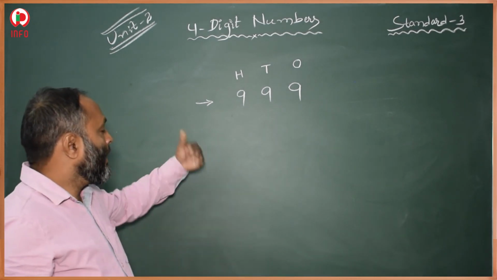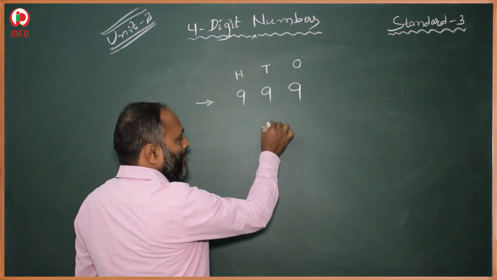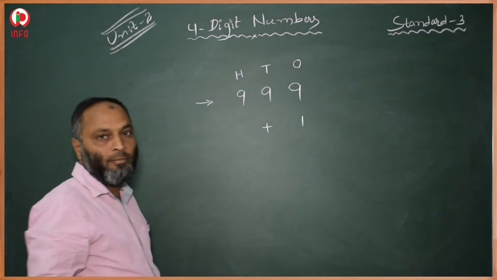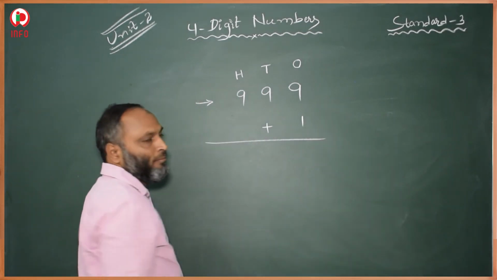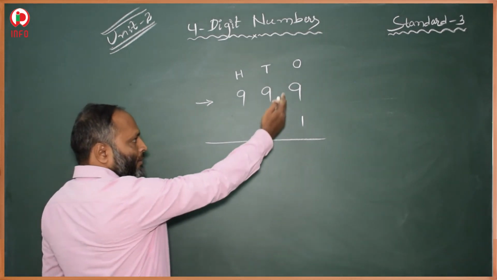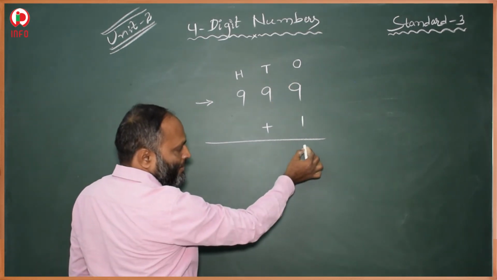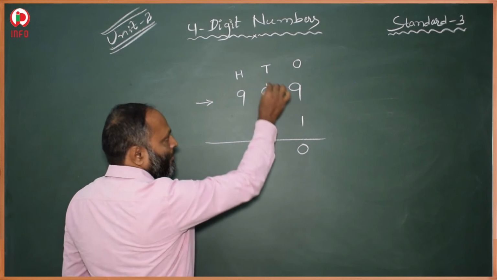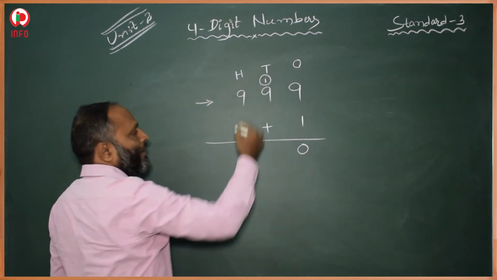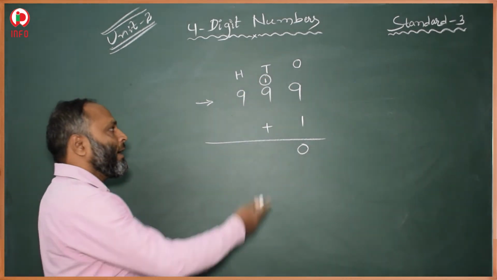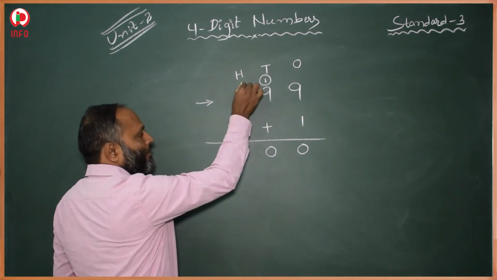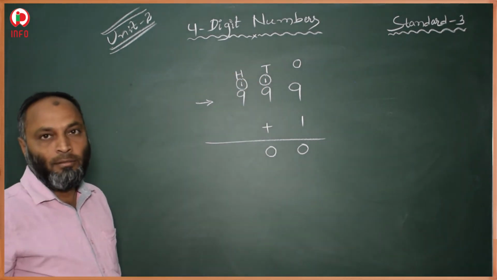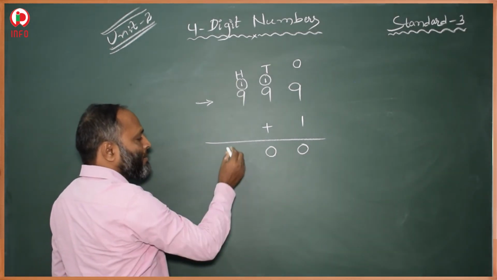Then if we add 1 to this number, what happens? Check it. 9 plus 1 is 10. 10 means here 0, and carry over. Again 9 plus 1 is 10, 0 here, 1 carried. 9 plus 1 is 10.